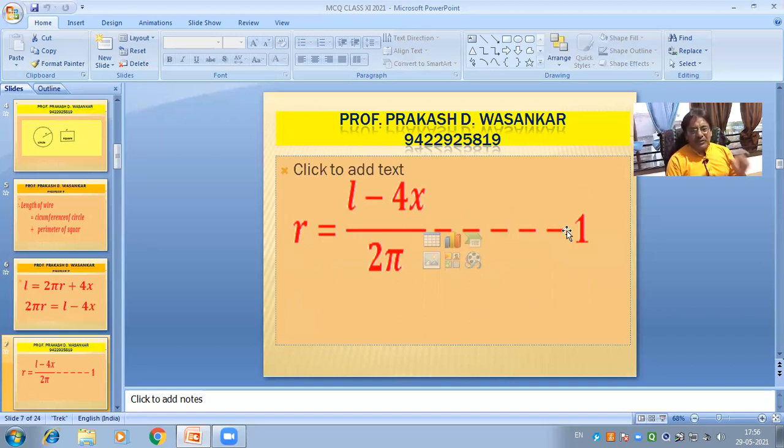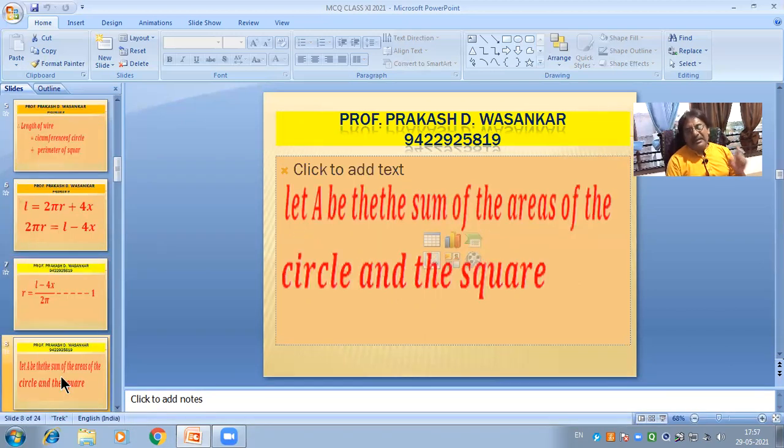And here to show that the radius of the circle is equal to half the side of the square means to show that r is equal to x by 2, if the area is least. Suppose we let capital A be the sum of the areas of the circle and the square. Sum means addition.